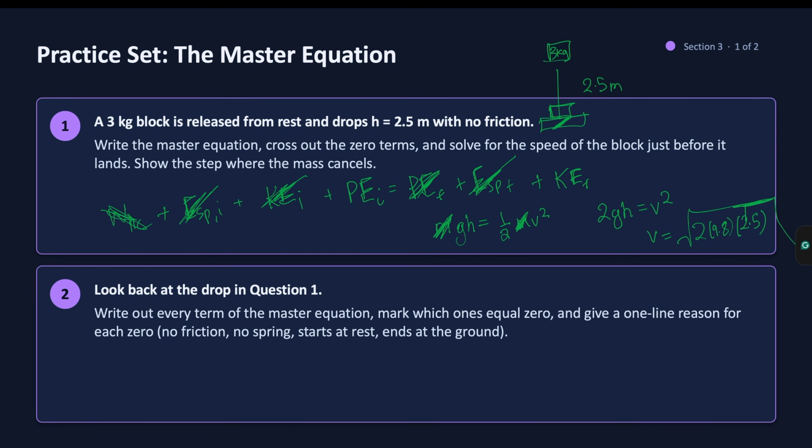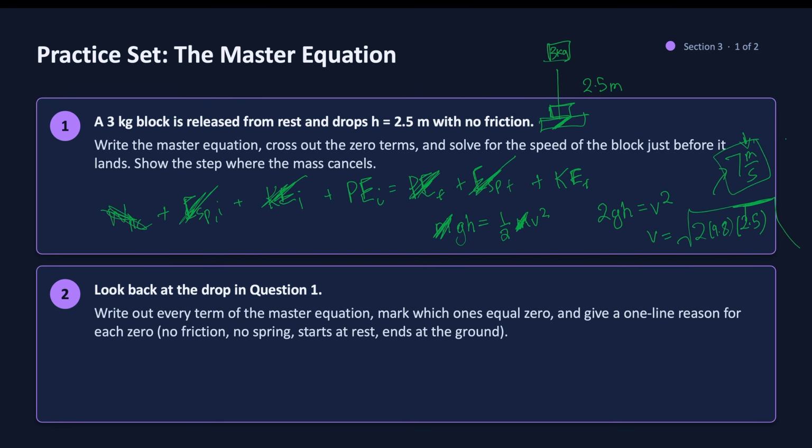Or in other words, the square root of 2 times 9.8 times 2.5, or 7 meters per second. Always remember your units.